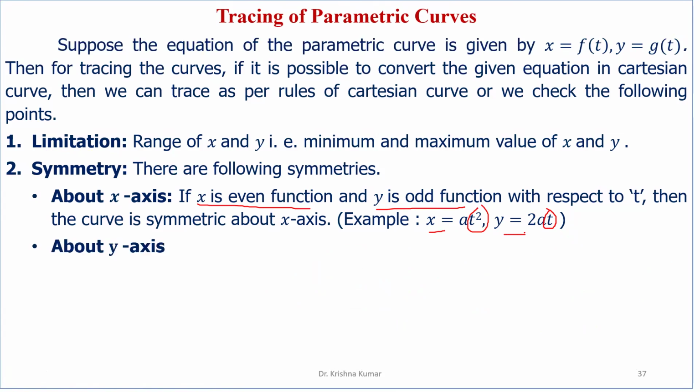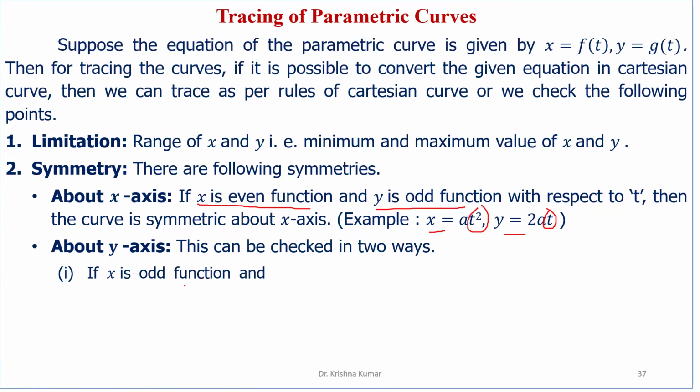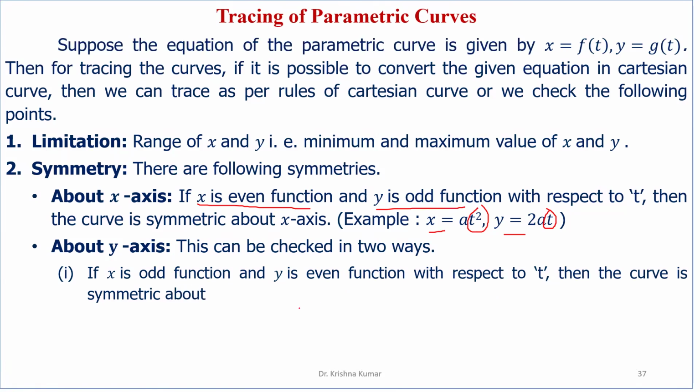Similarly, about the y-axis, it is just the opposite: x is an odd function and y is an even function. This can be checked in two ways. The first way is, if x is an odd function and y is an even function with respect to t, then the curve is symmetric about the y-axis.